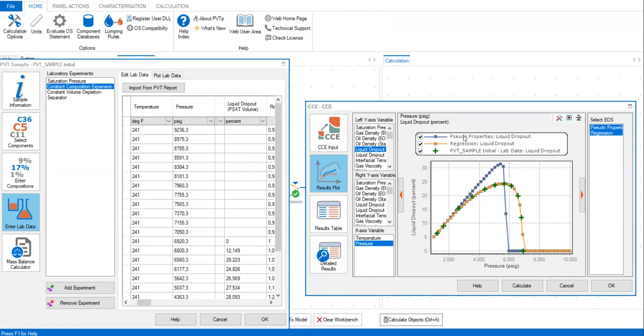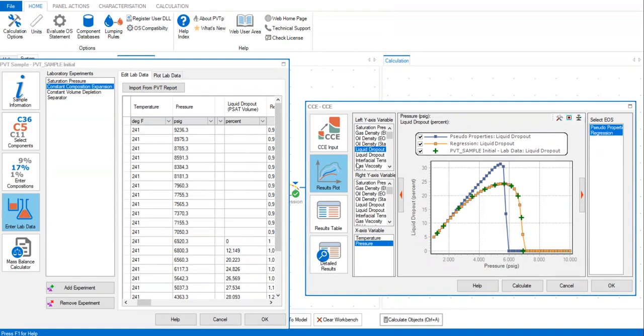But after the regression, we can reproduce the lab data very closely like this. So the fluid model after the regression is shown by this orange curve with orange boxes. All right, so this is for the liquid dropout.